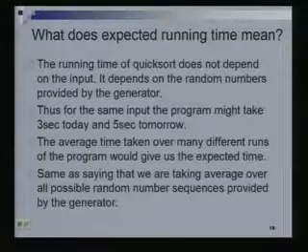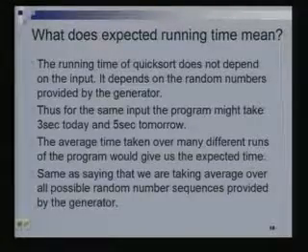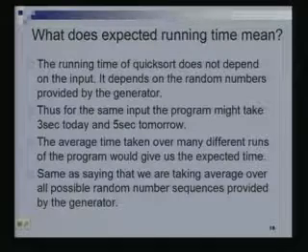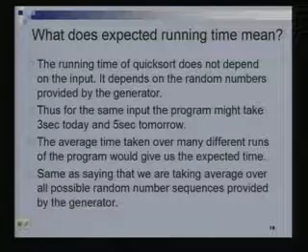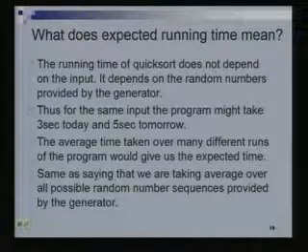So this is something I've already said, but let's just recap. What we have done today is that the running time of quicksort depends upon the numbers that are getting generated.